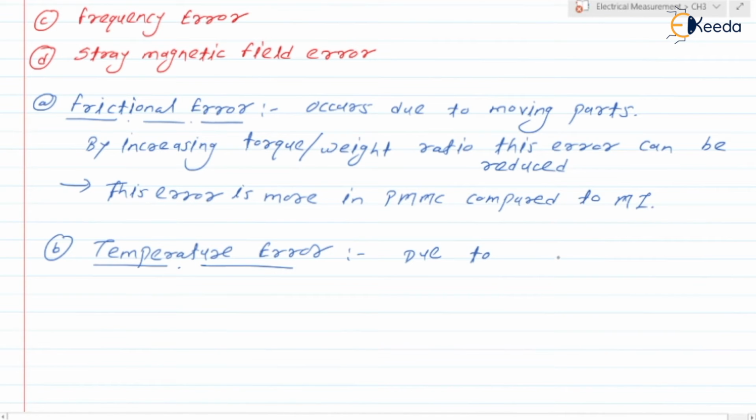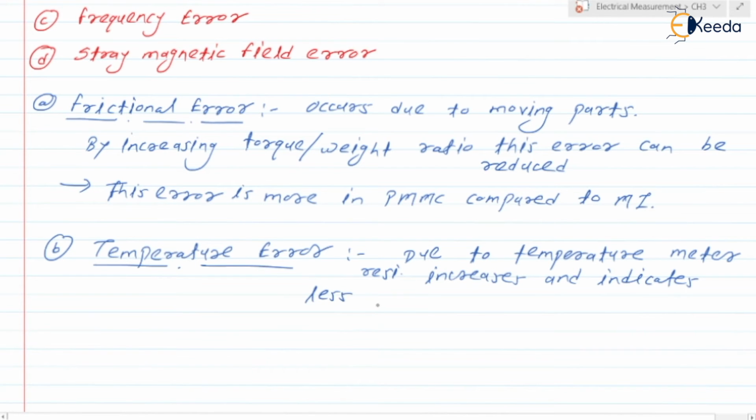So due to temperature, the meter resistance increases and it indicates less than the actual value.